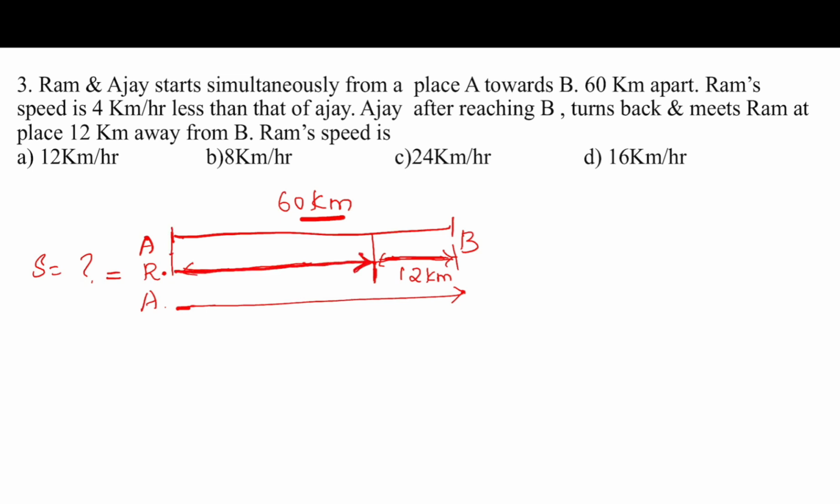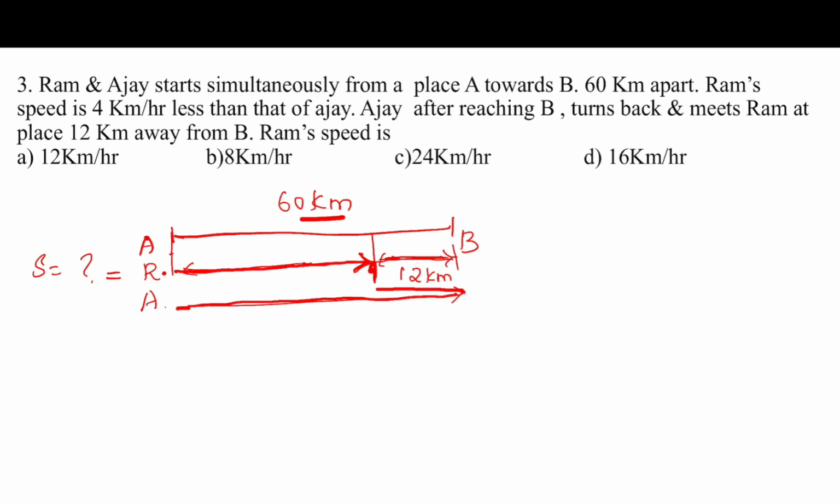Ajay has covered this much plus he is coming back. The distance he has come back is 12 km from B. When he has covered 12 km from B, he will meet Ram at this point. So all this data they have given, and they are asking what is Ram's speed.